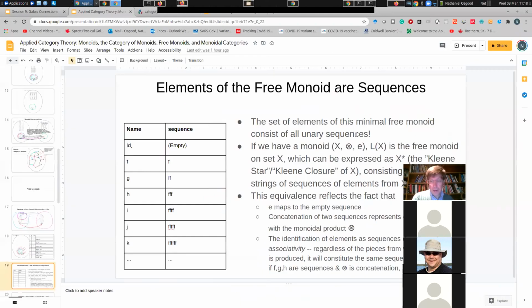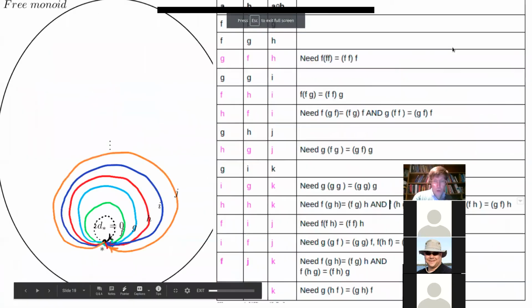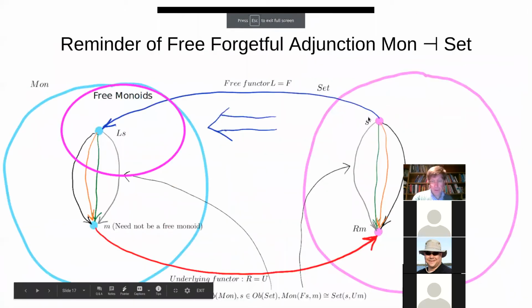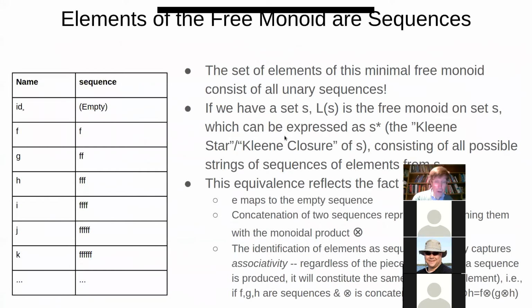So this should really say L of S. I'm just going to accord with what's in the diagram to avoid confusing you. Sorry about that, but basically, if we have a set S, LS is the free monoid on set S, which can be expressed as S star.